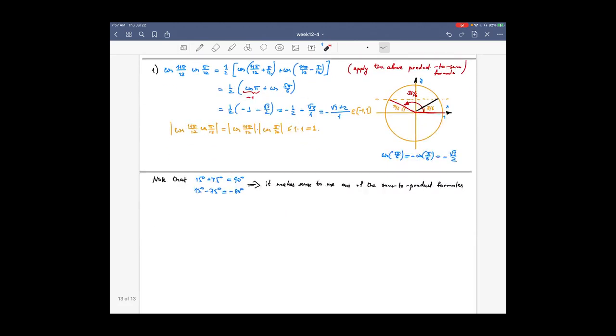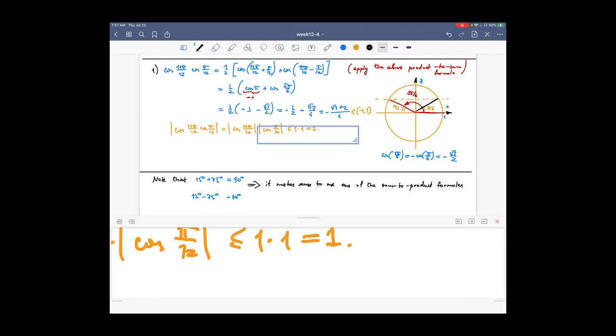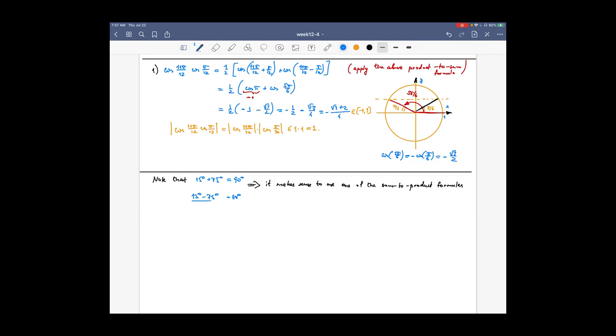Half the difference will be half of negative 60, which is negative 30. And half the sum is also very convenient, because that's just 45 degrees. And computing trigonometric functions of 45 degrees or negative 30 degrees is very convenient.